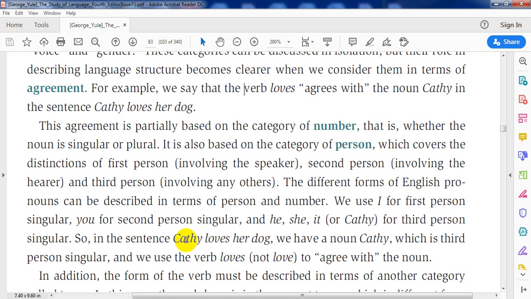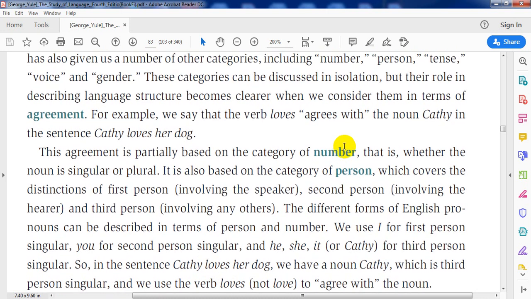So this is agreement between the noun and the verb. This is agreement of person. Kathy here is the third person singular, so the verb should be connected with that s, that is the third person singular, and it takes place in the present simple.